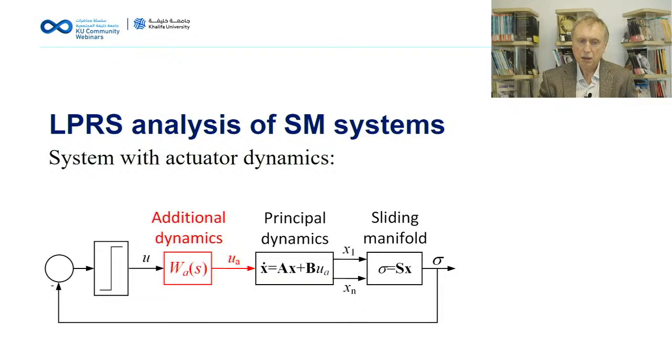So if we add dynamics of the sensors and actuators that will be in series with all these dynamics, we will increase the relative degree, and as we saw before, now our LPRS would have a point of intersection with the real axis, and we will have chattering.